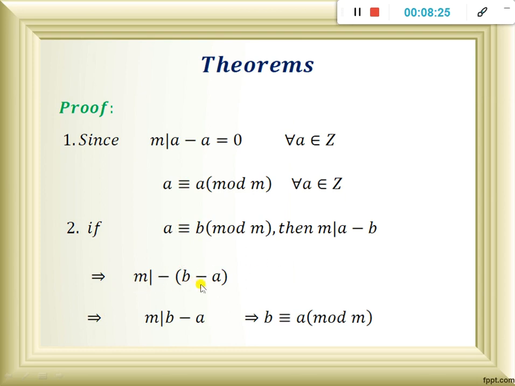Which implies M divides minus of B minus A. Obviously, while we are applying division, the remainder must be positive, which implies M divides B minus A. So we can write B is congruent to A mod M. So we took A congruent to B, and we get B is congruent to A mod M. Therefore, the symmetric condition is existing.